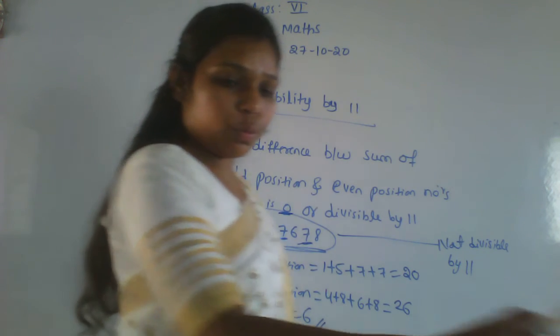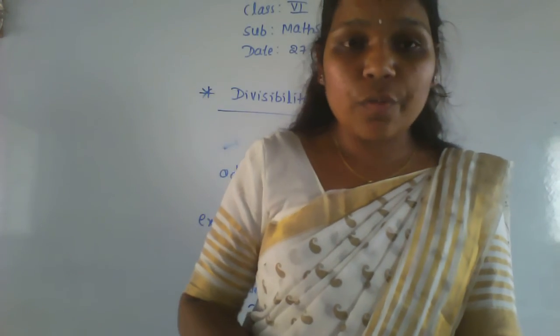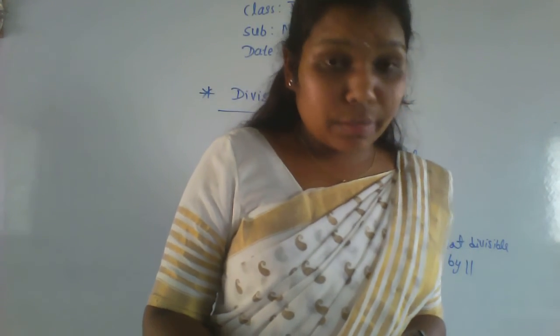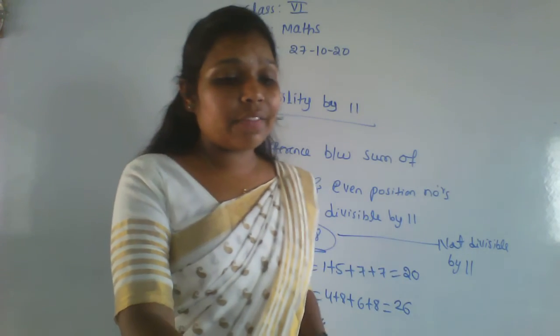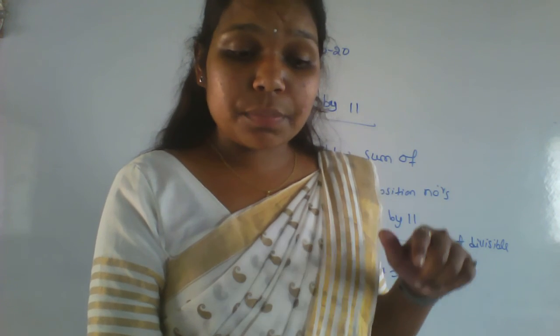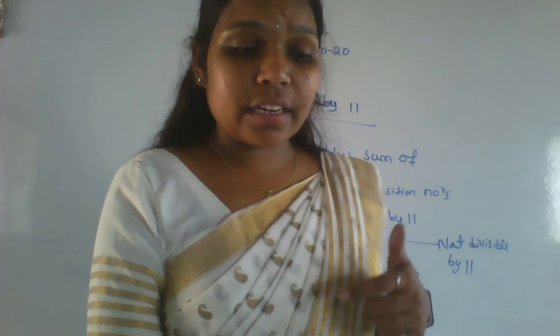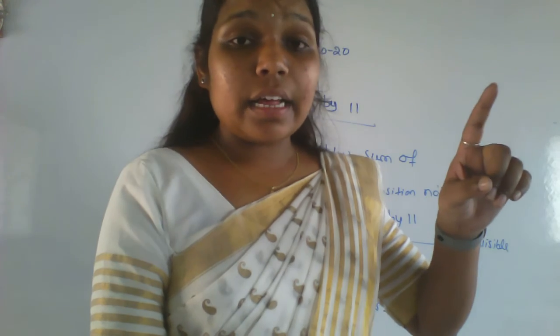Okay, so next they have given some general properties of divisibility. Page number 30, observe everyone. In that they have given: if a number is divisible by another number, it must be divisible by each factor of that number.